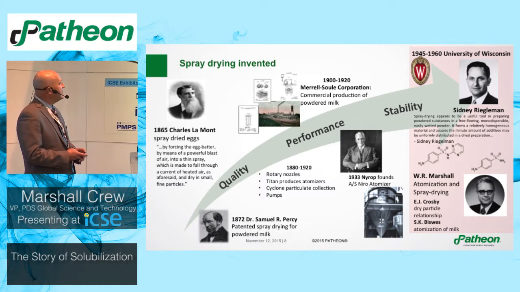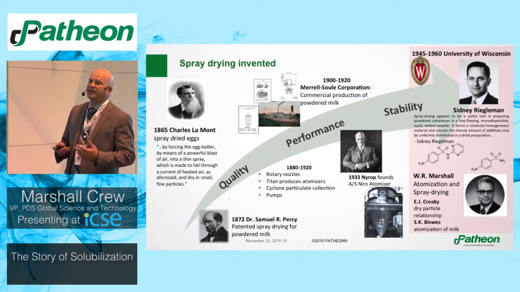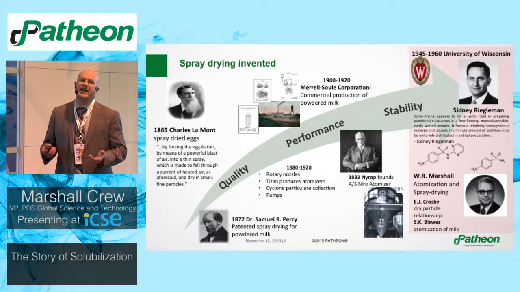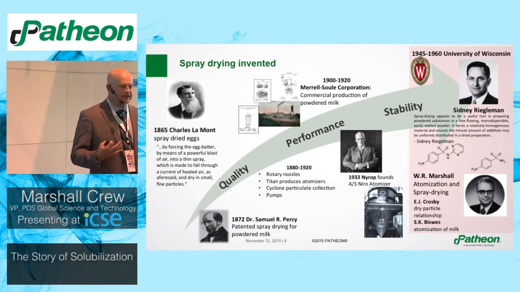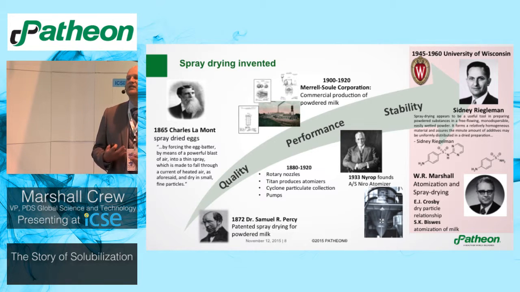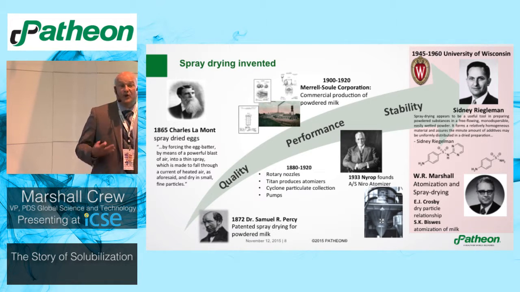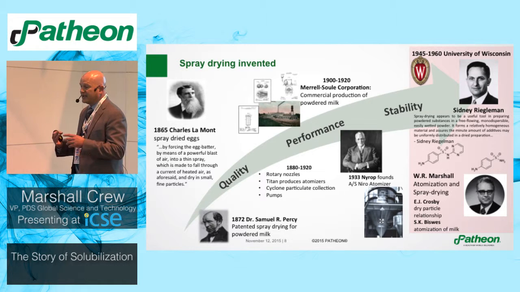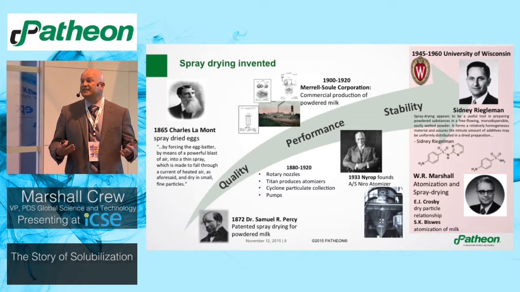It wasn't until another 50 years before spray drying, as we know it today, was even recognizable. And the reason for that is that a spray dryer requires certain key mechanical elements in order for it to even exist. And those key elements, things like nozzles and pumps, didn't exist.